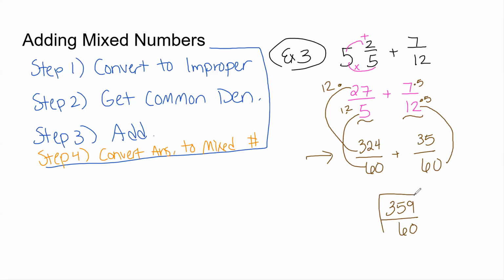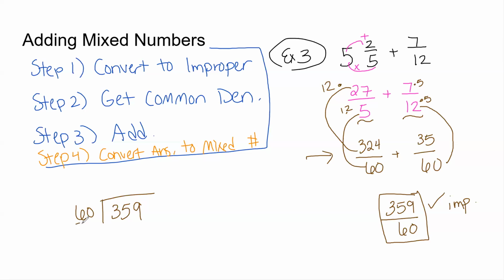I don't think that reduces. That's probably your improper answer. 359 over 60 is probably your improper. But again, since the question started in mixed numbers, they probably want it back to mixed numbers. So we'll come to the side and we'll do 359 divided by 60.